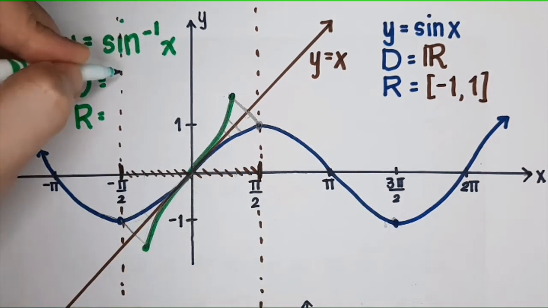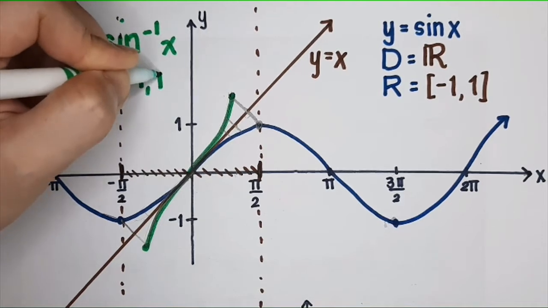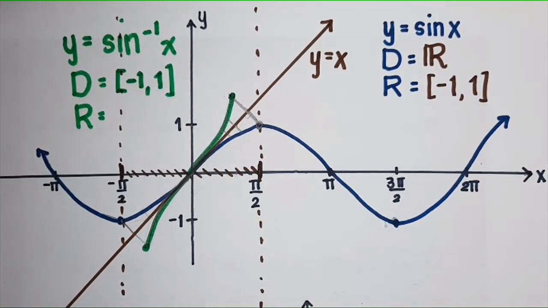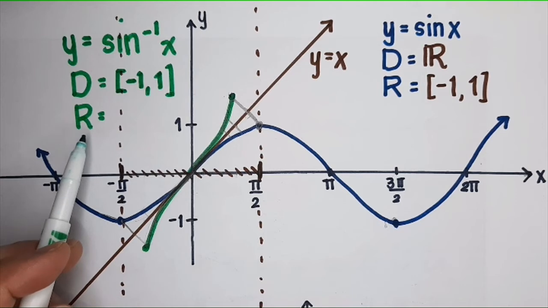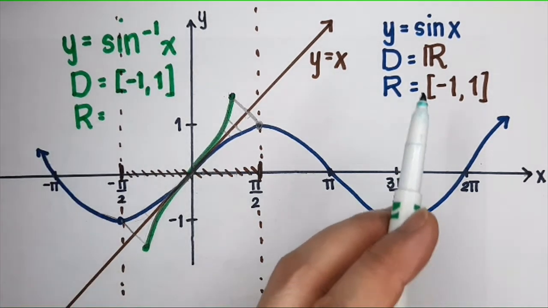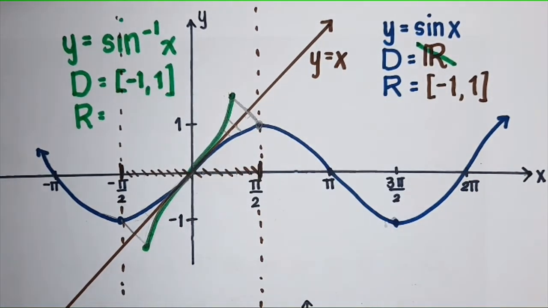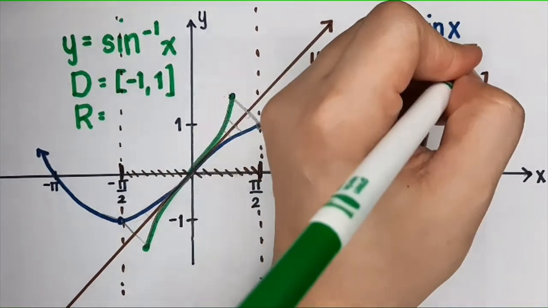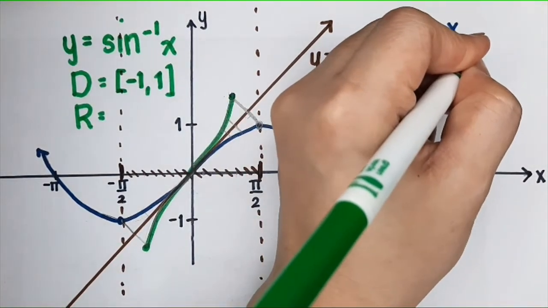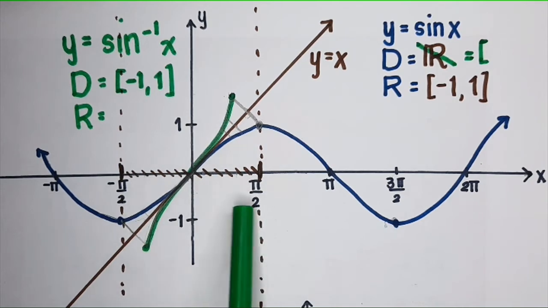Okay? So, I'm going to write here, the domain is negative 1, 1. Okay? And then, ang range nito is going to be the domain of the original function. Pero, hindi ito. Because, di ba, ni-restrict na natin ang domain. Ano yung restricted domain? Ang restricted domain ay negative pi over 2 to pi over 2.